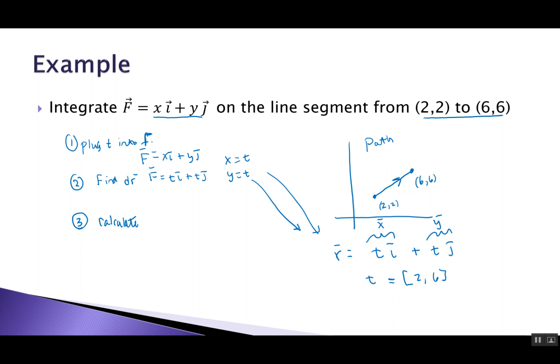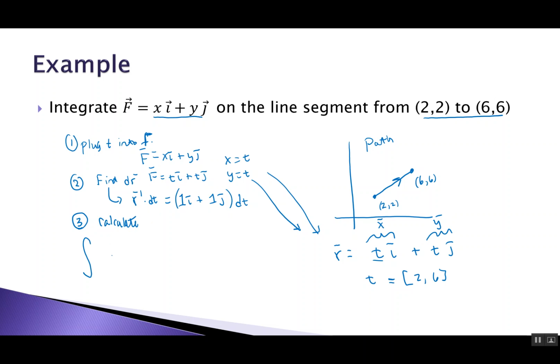The next thing I need to do is find dr. Well, that's easy to do. That's r prime times dt. So r prime is going to be 1i, taking the derivative of t, plus 1j. So there's my r prime dt. And the third thing I do is I calculate. So now I'm going to put it all together into the integral.